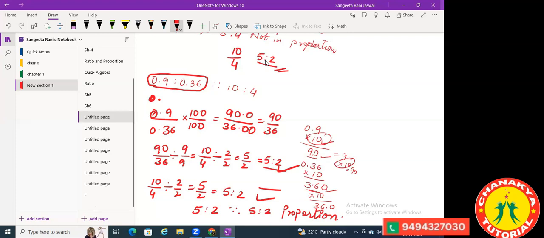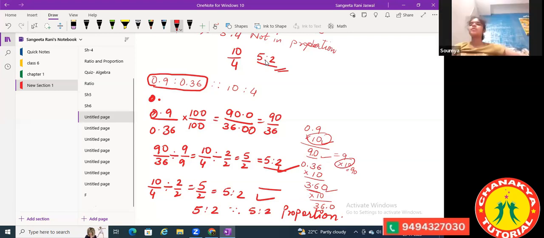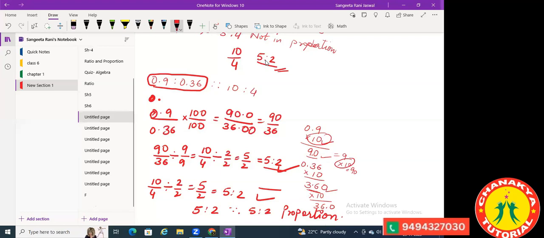So you understand everything? This is what we did in this question. So in the first ratio, we removed the decimal points and then we reduced it to the lowest form. And in the second ratio, the numbers were already small, so we quickly reduced it to the lowest form.